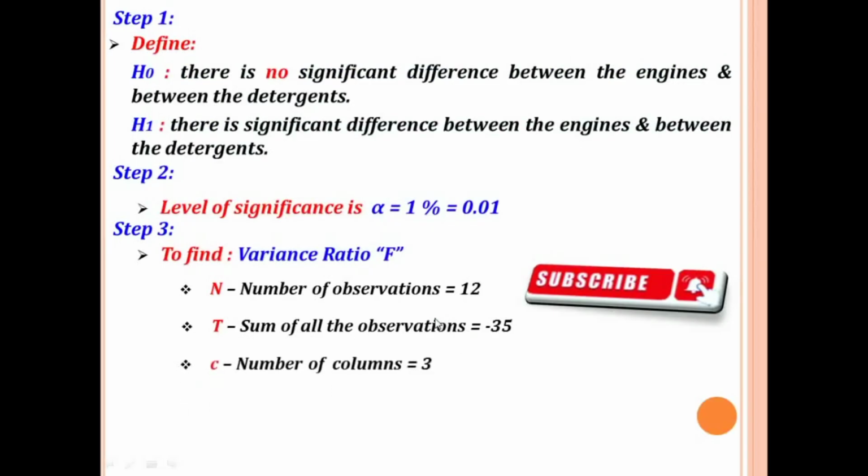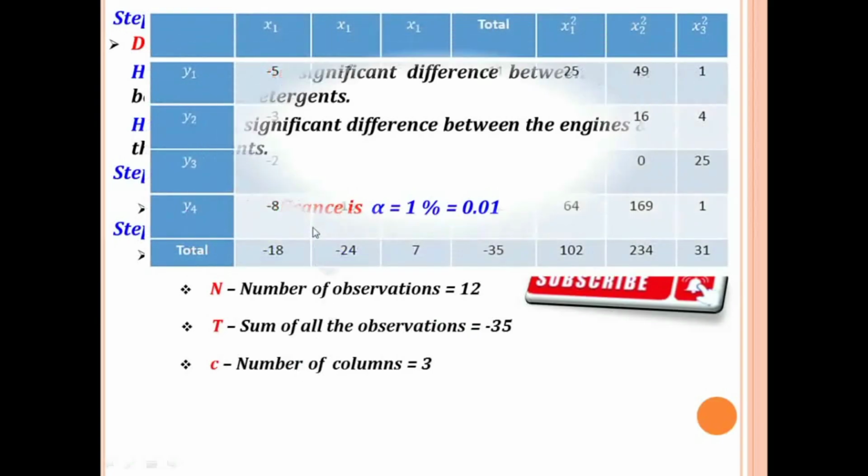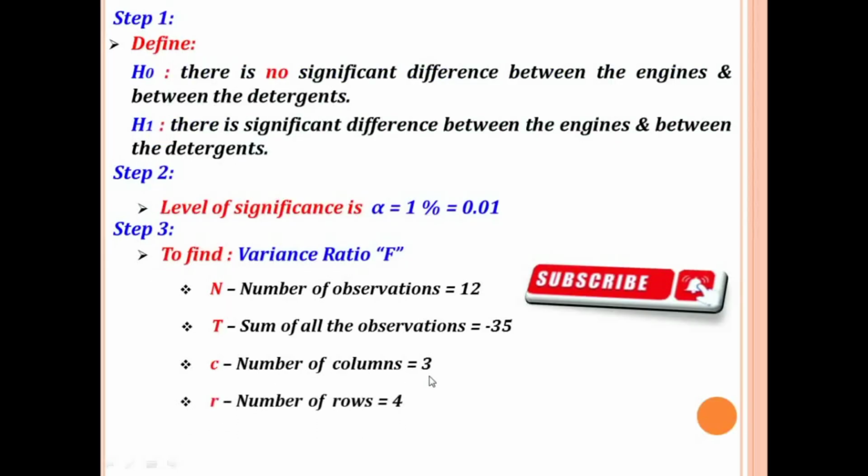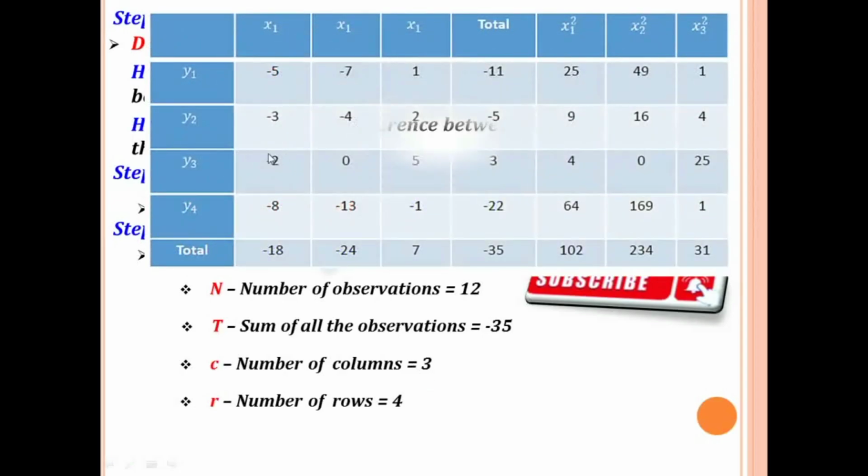Next we find C. C means number of columns. From the given data, we have three columns: one is x1, another is x2, another is x3. So C equals the number of columns, that is 3. Next we find R. R means number of rows. From the given data, we have 4 rows: 1, 2, 3, 4. Each row has 3 elements: 1, 2, 3.